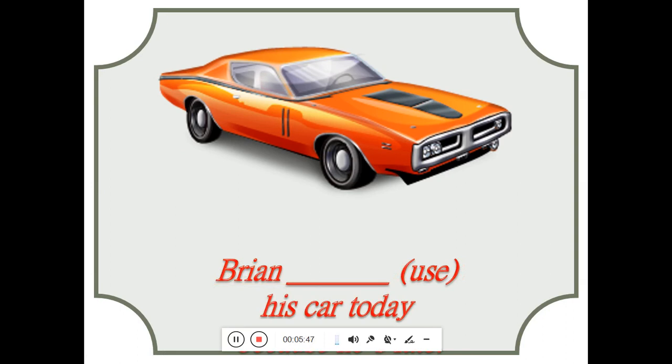Because it shows us that this situation is happening today, now. So is using. Now I'd like you to notice that we have here ing without e, so we eliminate or delete e. So verbs that finish with e, we eliminate e and we add ing.